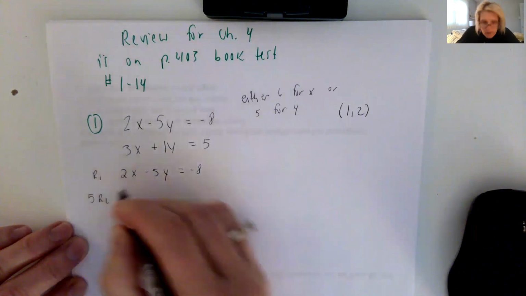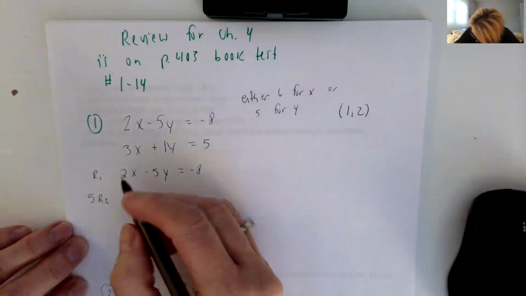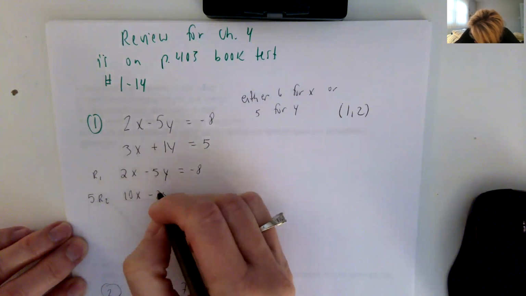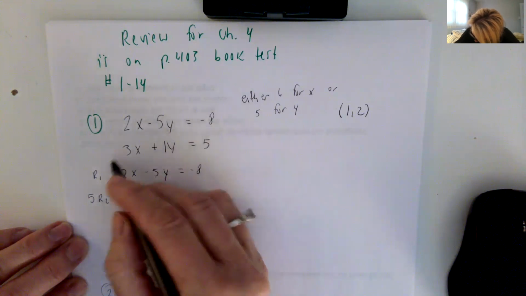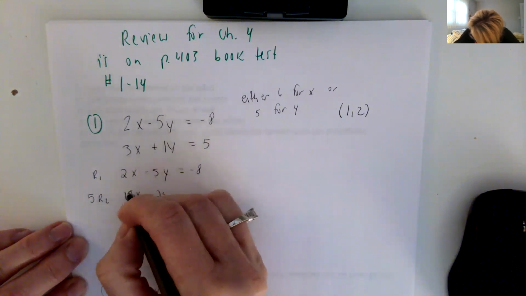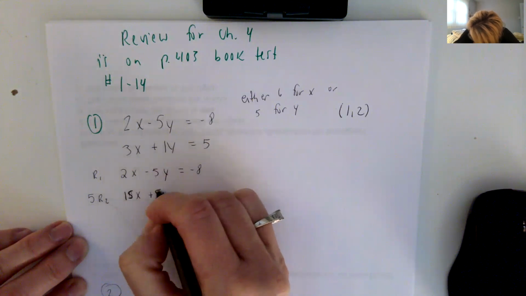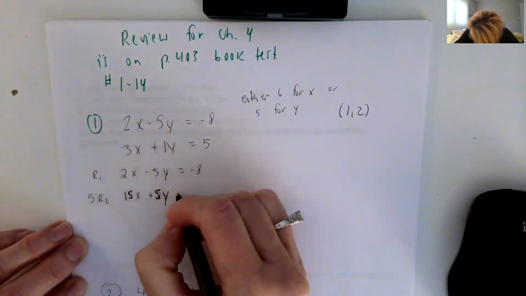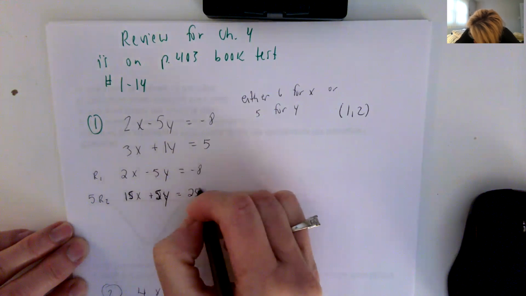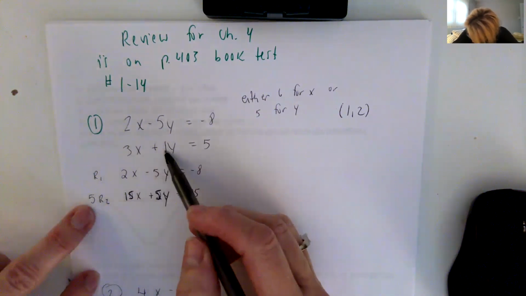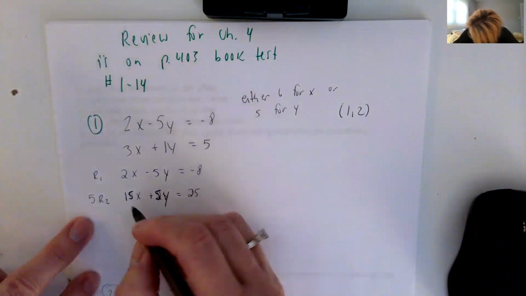Make sure you multiply every term in row 2 by 5. So this is 15x plus 5y equals 25. 5 times 3 is 15x plus 5y equals 25.